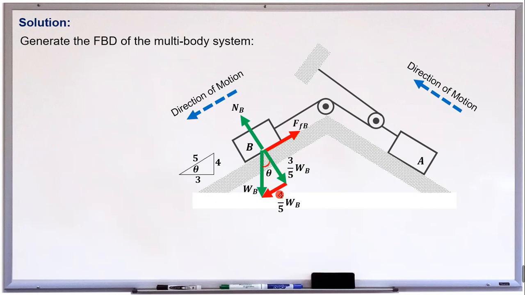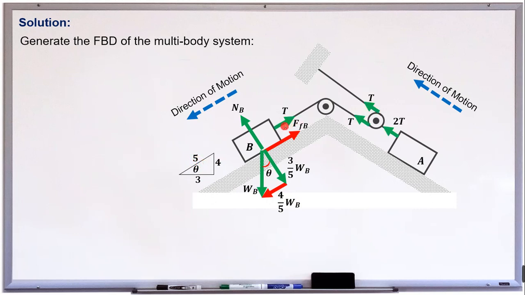And then the parallel component of the weight of block B is equal to 4/5 WB, because this side is opposite to our angle, so we take the sine of this triangle, that is the ratio of 4 and 5.